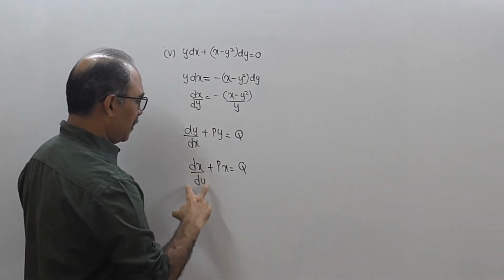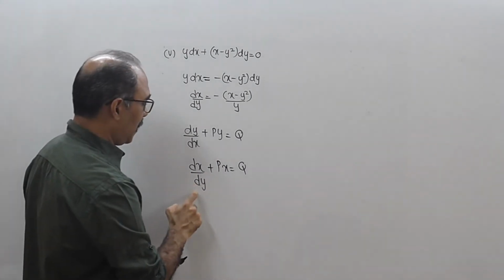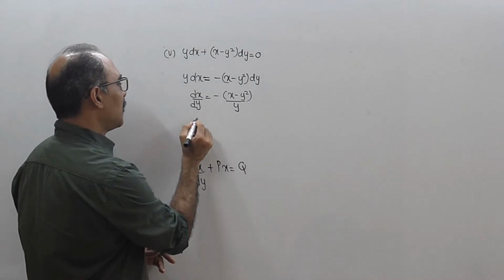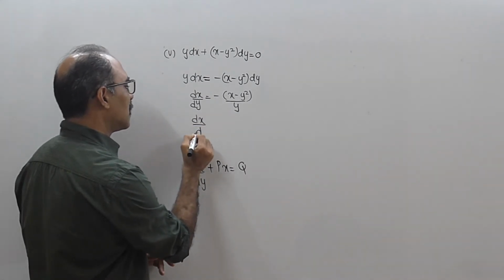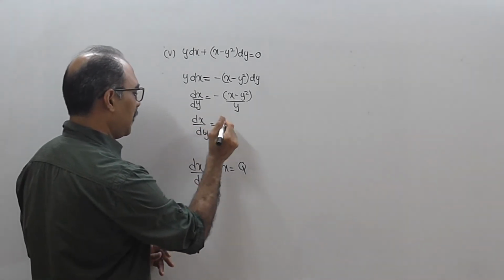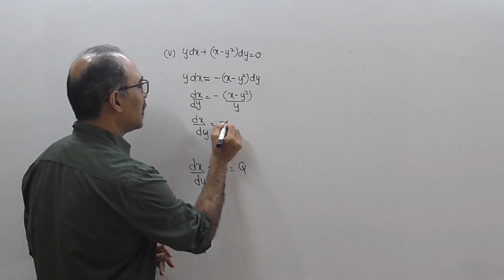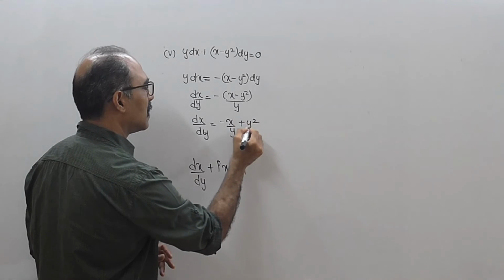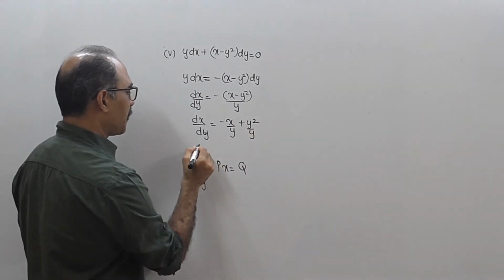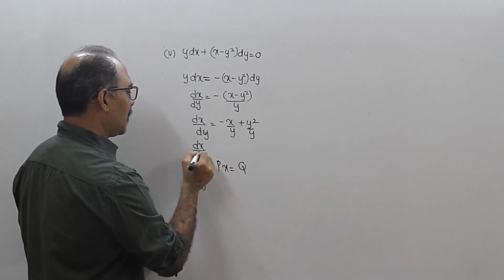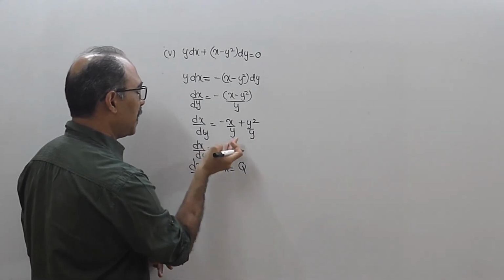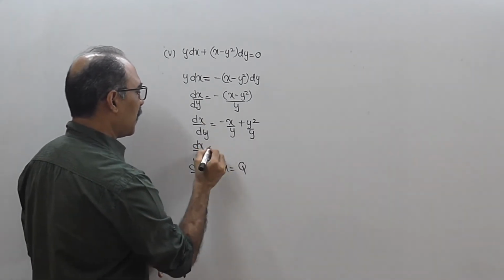I will try to make it in this form. I will erase this, so this I will get as dx by dy equal to minus x upon y plus y square upon y. So finally I get dx by dy, get that x upon y to this side.